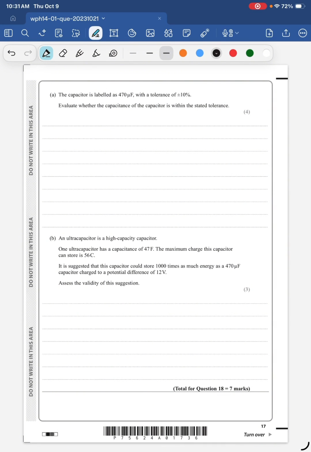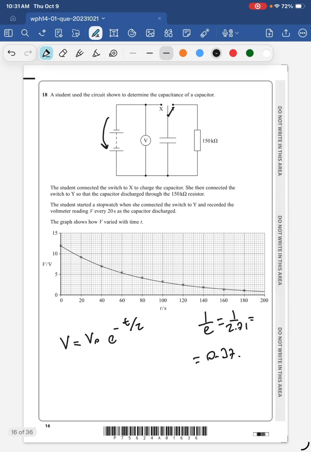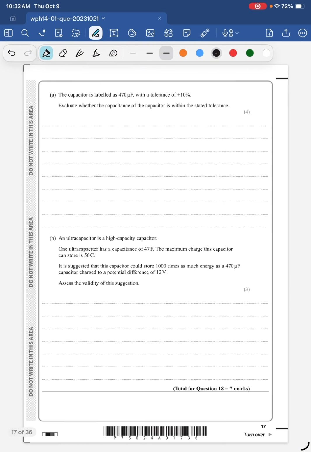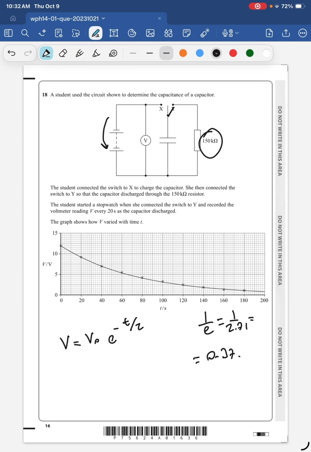We have to find what V naught is. We have to calculate tau from the graph so that we can find C, because R is given. Recall that tau, the time constant, is R times C.